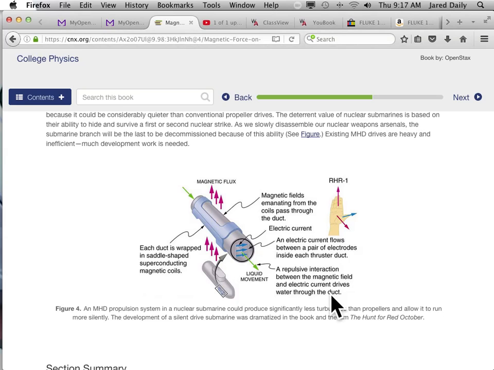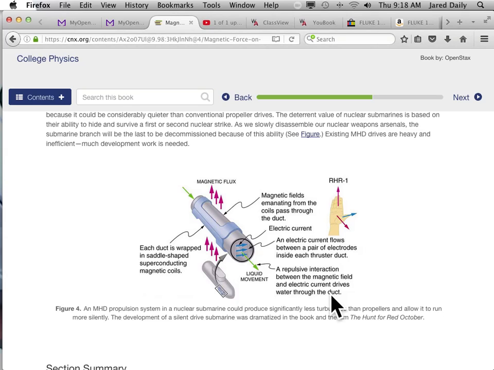So here, this is a nice little demonstration of how a magnetic field can be used to push a fluid through a tube. And this is what they call a magnetohydrodynamic drive. They tried to do this in submarines. The problem is that when you do this in salt water, it creates problems in the materials, because materials that have currents going through them react badly with salt water.